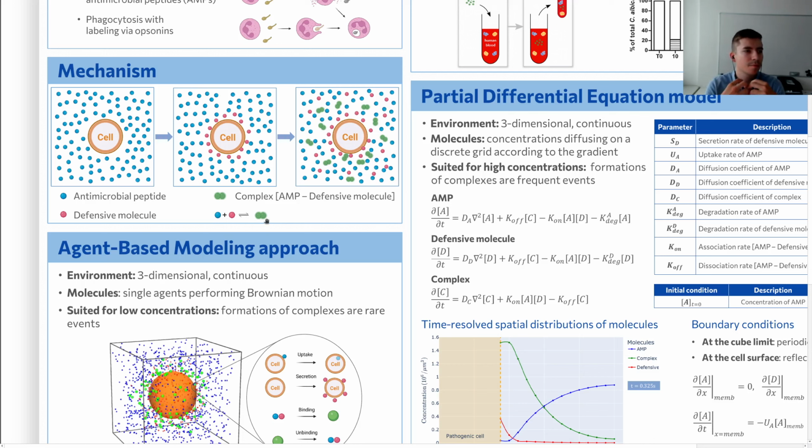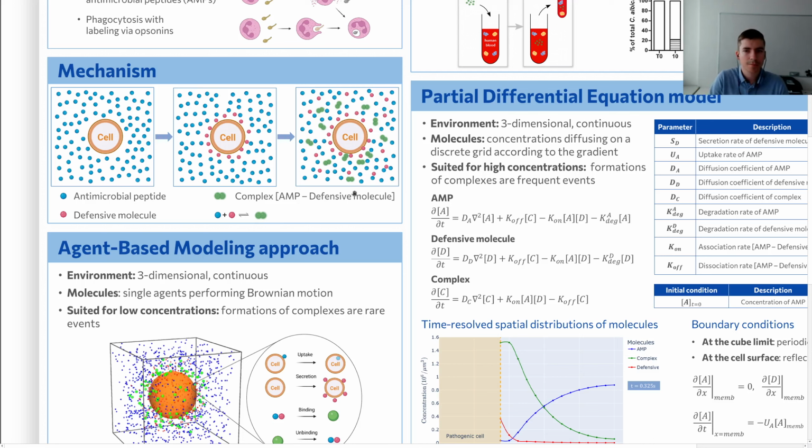The formation of the complex happens in the vicinity of the pathogenic cell, and due to the gradient, the complex just diffuses away from the cell. In this way, the antimicrobial peptides are transported away from the pathogen, thus increasing the chance of survival of the pathogen.